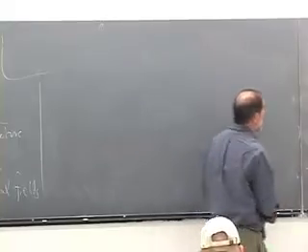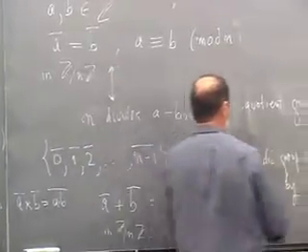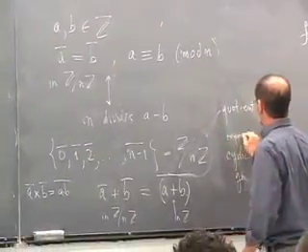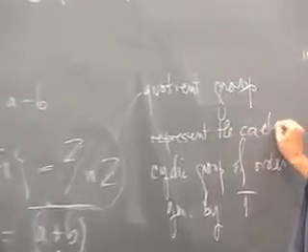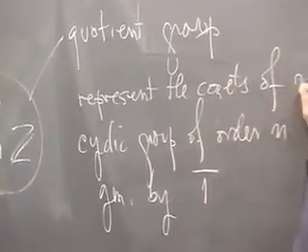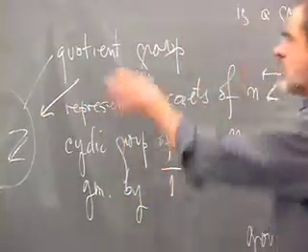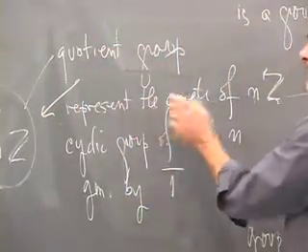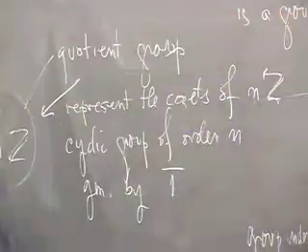By the way, these classes in Z mod nZ are just the cosets of this subgroup. They represent the cosets of nZ, the distinct cosets. So the quotient group is the set of cosets of the subgroup. And yet we're able to give a multiplication on it. So that's going to be our question.